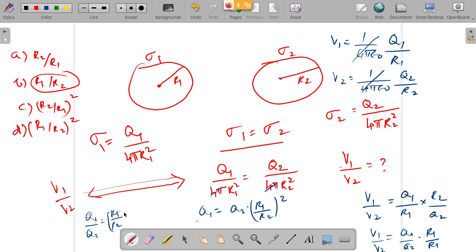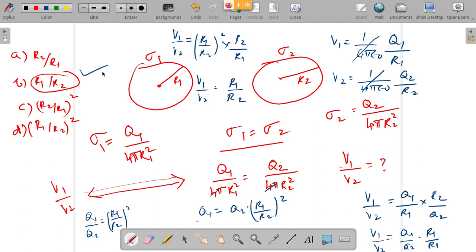So you substitute that here. So what you will get, V1 by V2 is equal to R1 by R2 whole squared multiplied by R2 by R1. So R2 will cancel, R1 will cancel. So what will remain? V1 by V2 is equal to R1 by R2. So that is the correct choice, choice B.